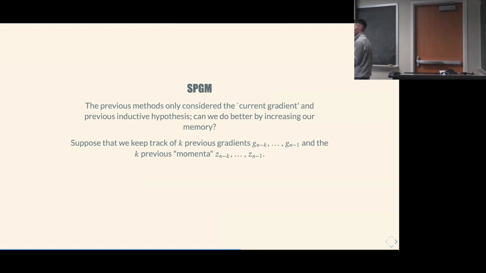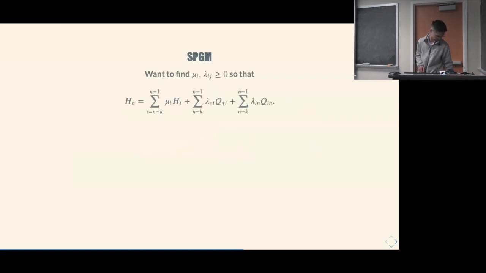So we need to keep track of a lot more memory, and in return, we get some improved performance. So we need to remember all of our previous gradients and previous momenta. You'll see in a second that you can actually get different algorithms depending on what exactly it is that you remember, but the overall idea is exactly the same.